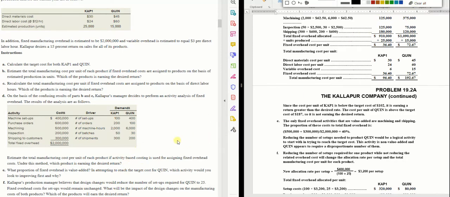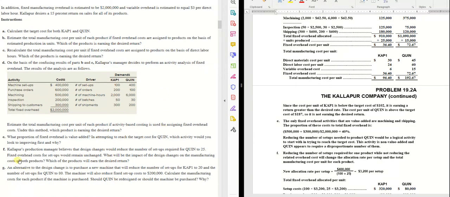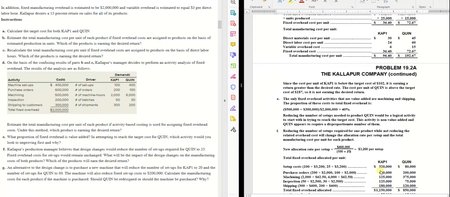Okay? F. They believe design changes will reduce the number of setups to 25. Fixed overhead costs for setups would remain unchanged. What impact? Okay? So notice I'm just going to reduce the number of setups. So now I have Quinn to 25 from 400.